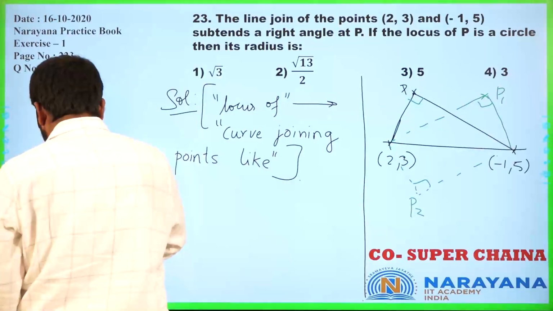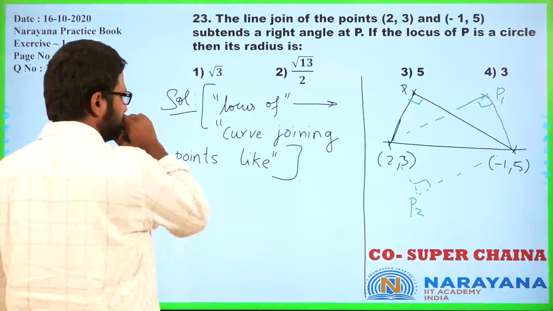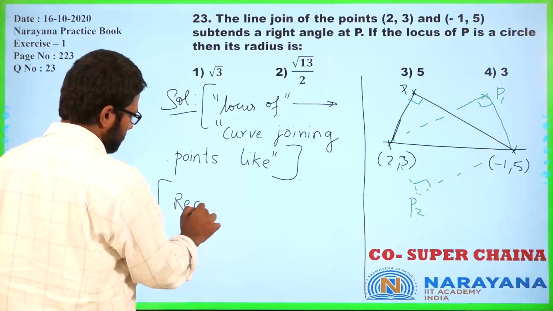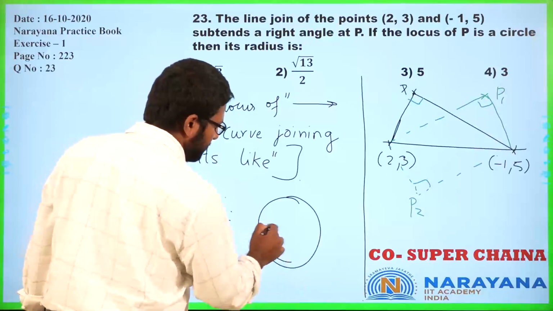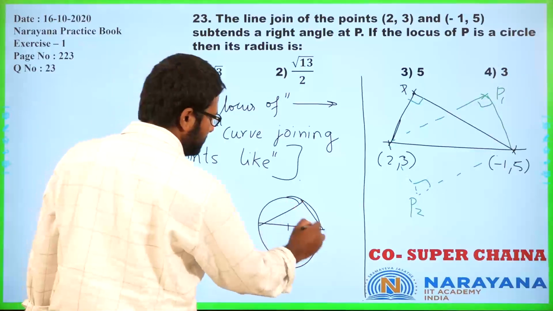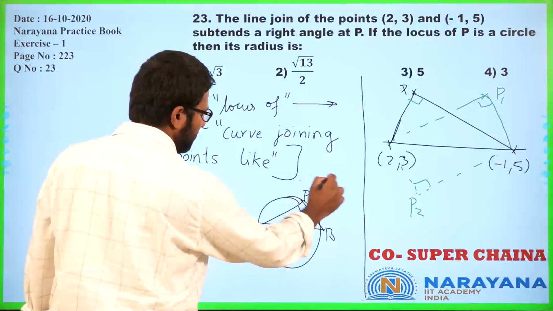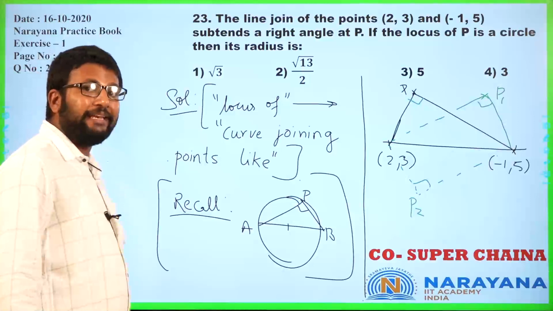So let us just recall that if you have a circle and if you have a diameter, the diameter subtends a right angle, take these points A, B, P. Diameter subtends a right angle on any point on the circle.